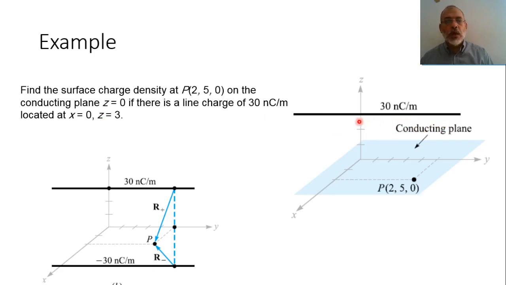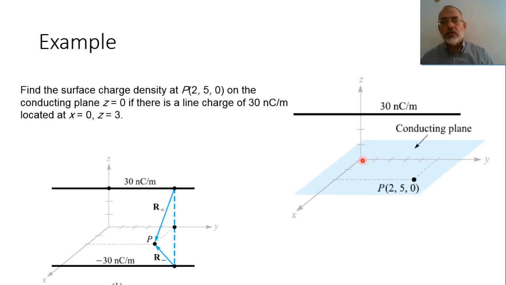It is required to find the charge density at the point (2, 5, 0): 2 in the x direction, 5 in the y direction, and 0 in the z direction, on a conducting plane at the plane z equals 0, which means the xy plane.